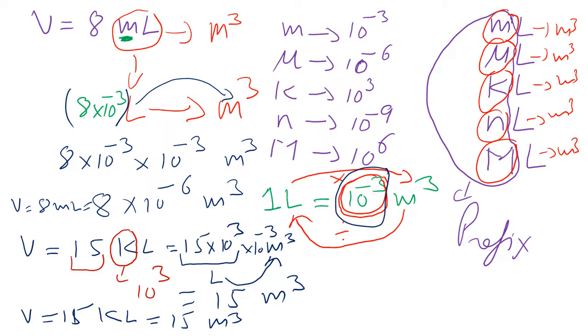So whatever is written here, like milli, micro, kilo, nano, mega, these are known as the prefixes.